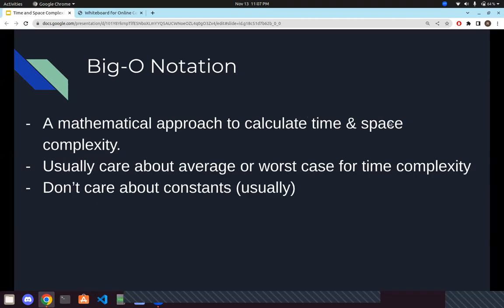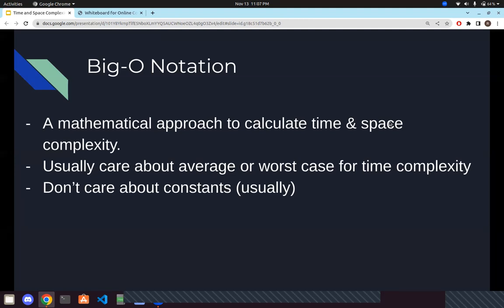So Big O is a mathematical approach to calculate time and space complexity. And for time complexity, we only care about average or worst case scenarios. Take this example. Suppose that we're given an array as the input, and we want to see if a specific value is in this array.